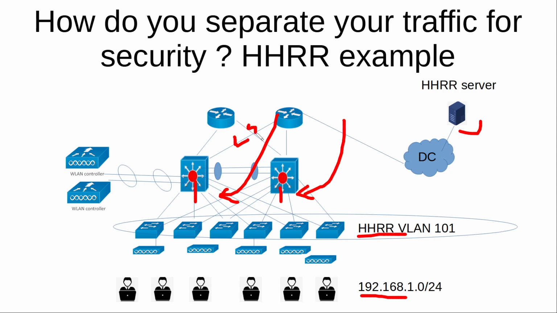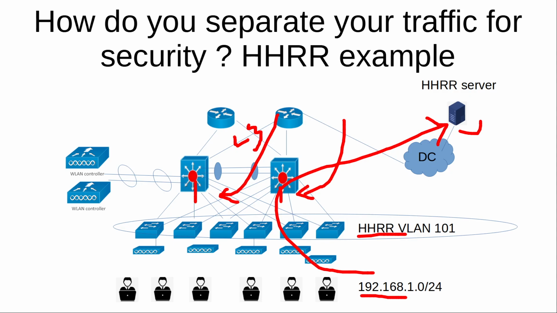So you will be letting only this prefix gaining access to this particular server. That is one way of doing it. And if you think about it, it is a mess, because if you want to replicate this in several buildings, in several campuses, you will have to do the same process manually, and this can be prone to human errors.